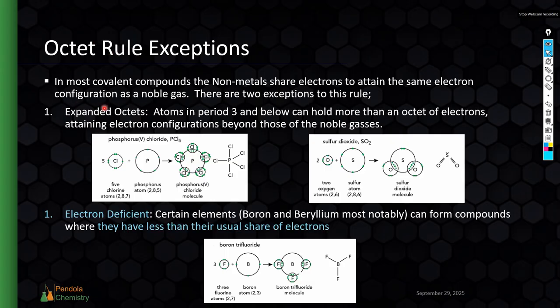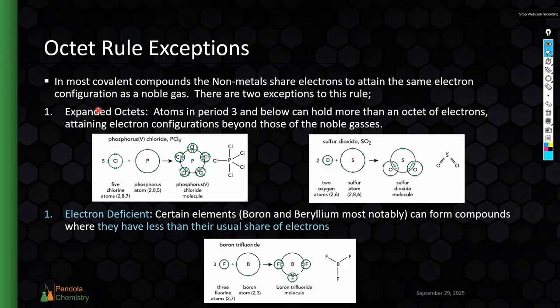Expanded octets are the first type, which are the most common ones. The octet rule, in most cases, other than with hydrogen, which only has 2 valence electrons, says that elements are going to bond to have 8 valence electrons. Well, what is an expanded octet? It's exactly what it sounds like. It's a situation where the atoms of the elements are going to have more than 8 valence electrons in the final structure.